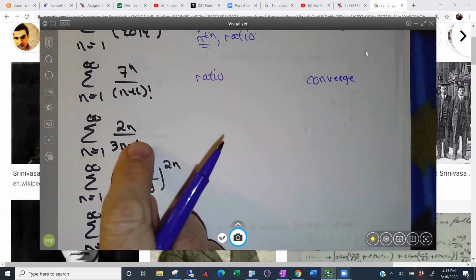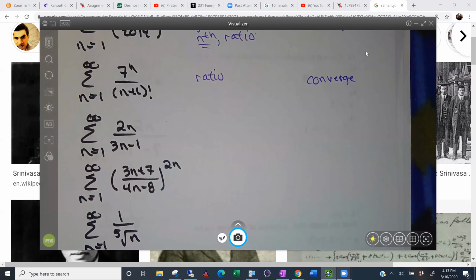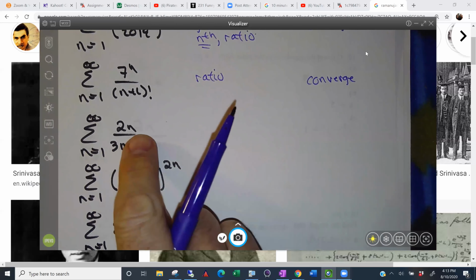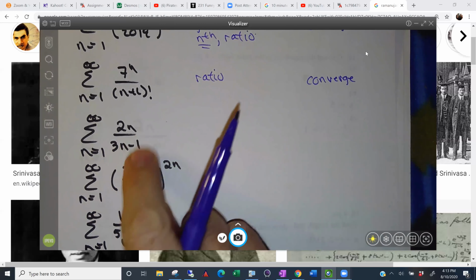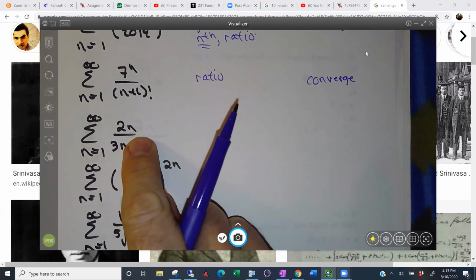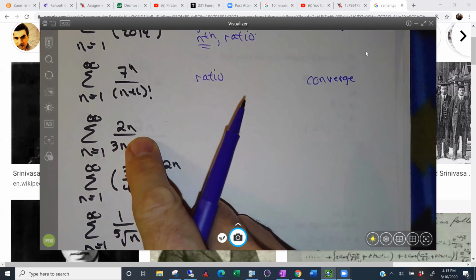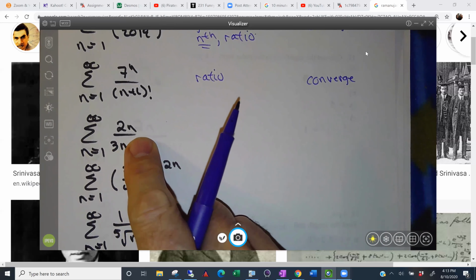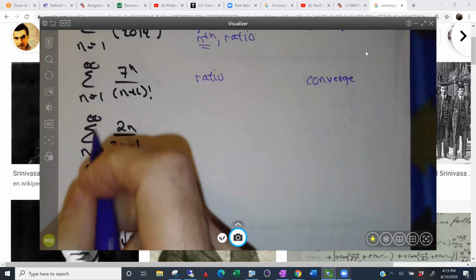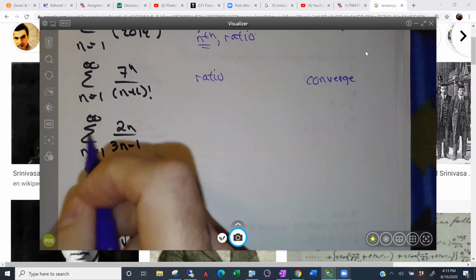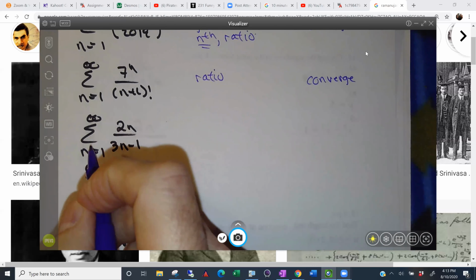What jumps out in my mind, and what you can try and condition yourself to do, is try and look past some of these constants, like the -1. If the -1 wasn't there, then I'd have 2n over 3n. And 2n over 3n reduces to 2/3. Now, if you're summing up 2/3, 2/3, 2/3 infinitely often, are you going to come up with something that's finite?